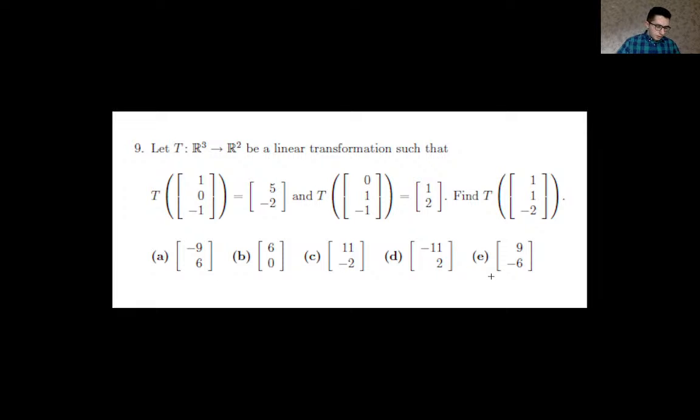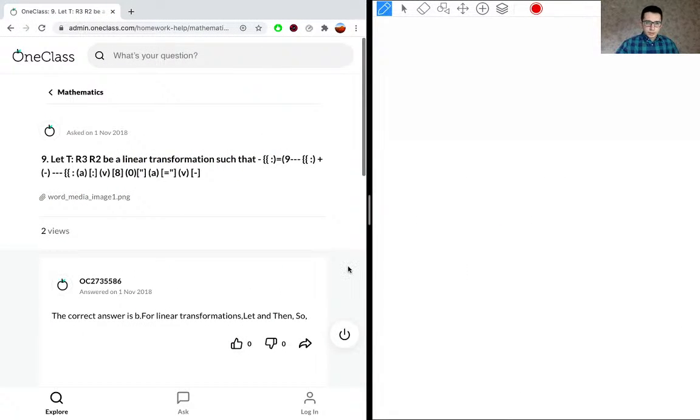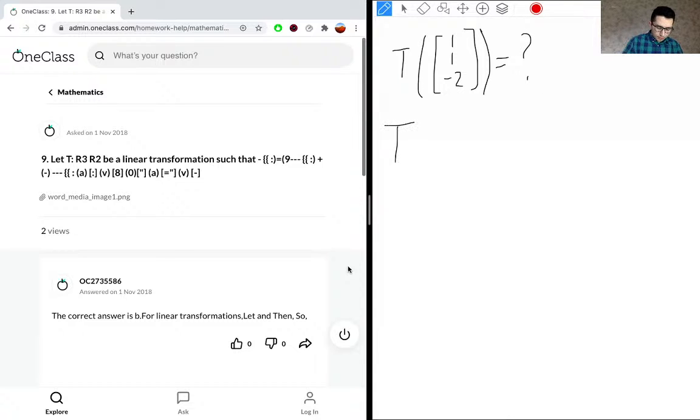So let's write the question over here. The transformations that we're given are as follows. We have to find this transformation, so we're trying to solve for this, and we're given two transformations.